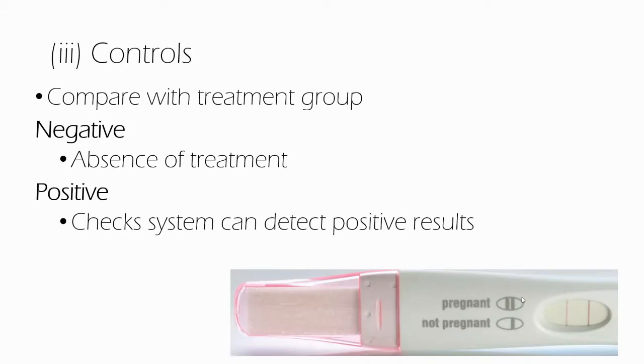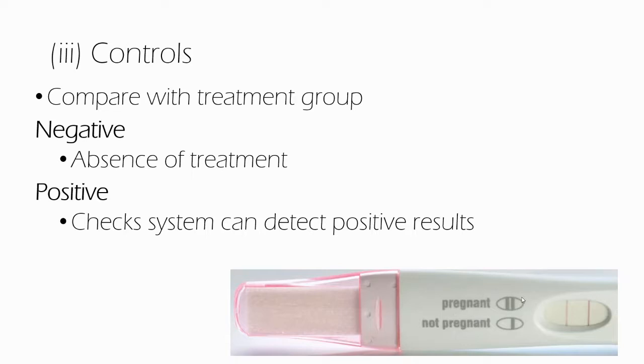Control results are quite often used for comparison with the results of a treatment group. So a negative control provides results in a complete absence of the treatment. It's what, going up through the school, you'll usually have used as a control. The positive control is a treatment that is included to check that the system can even detect a positive result when it occurs. In the case of a pregnancy test, there is a positive but not a negative control.